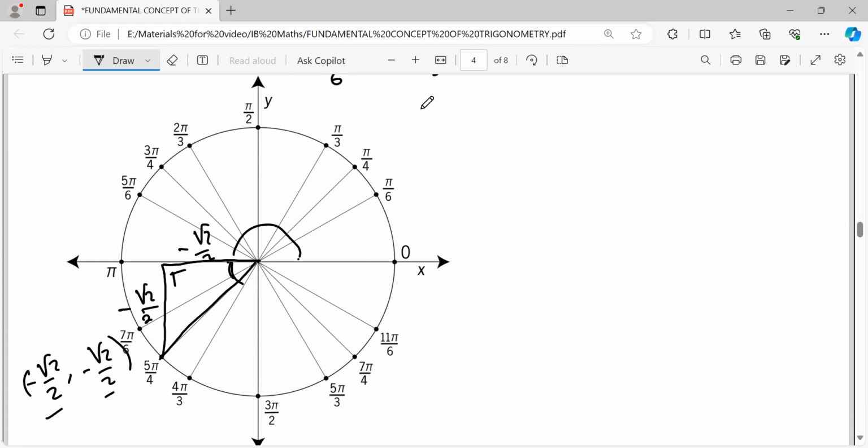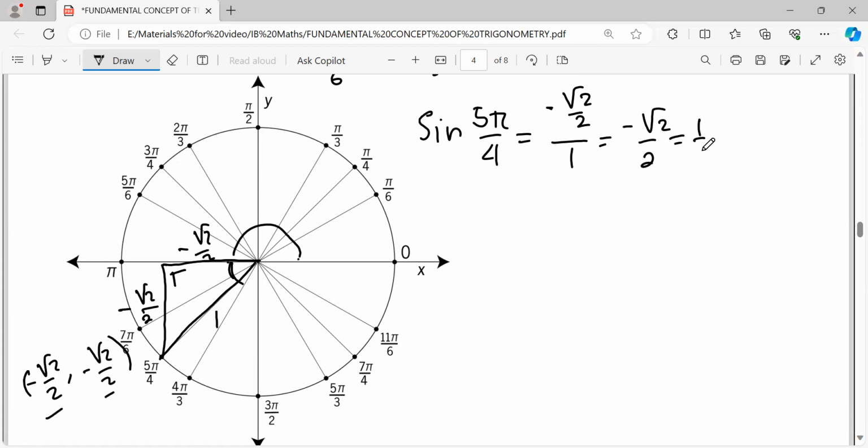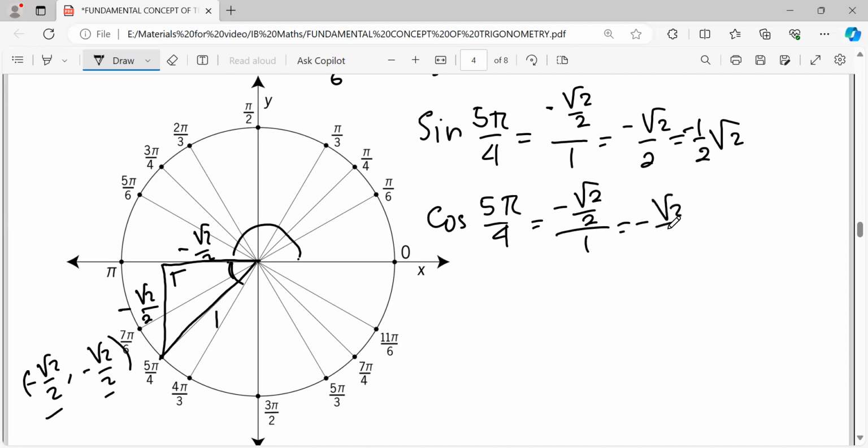Okay, now sine 5 pi over 4 equals the gradient 1 equals negative square root 2 over 2 over 1, negative square root 2 over 2, or you may write this as negative half square root 2, and cosine 5 pi over 4, negative square root 2 over 2 over 1 equals negative square root 2 over 2 or negative half square root 2.